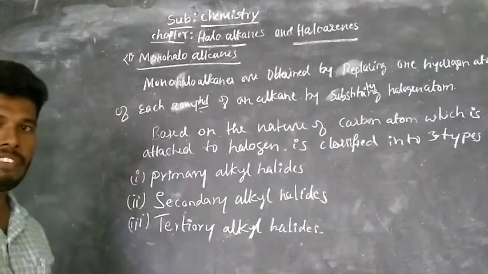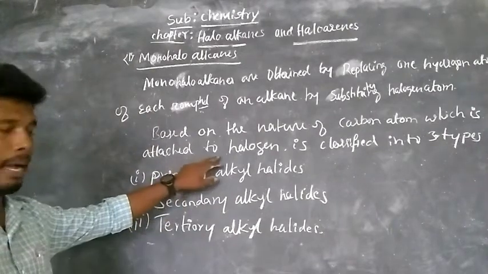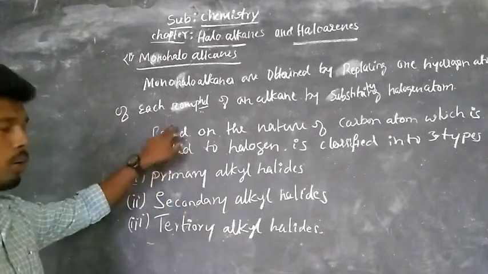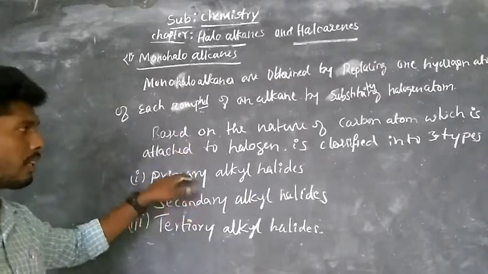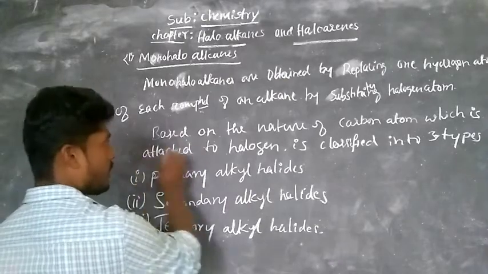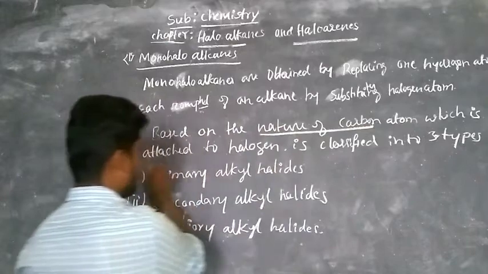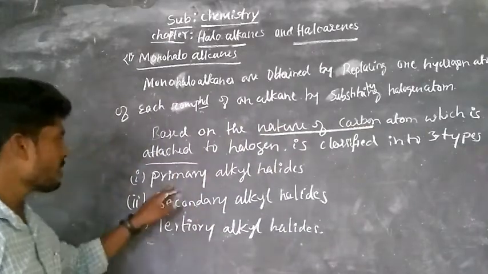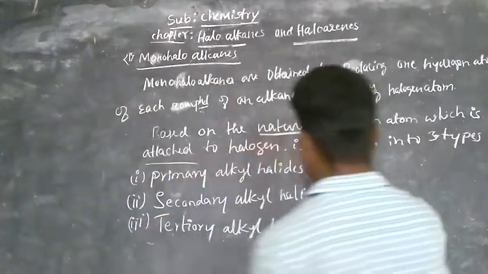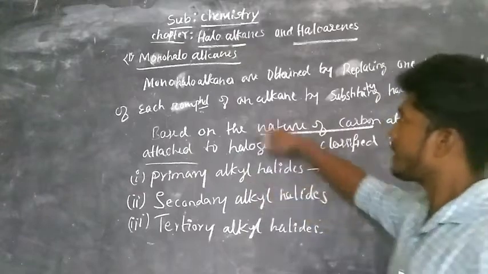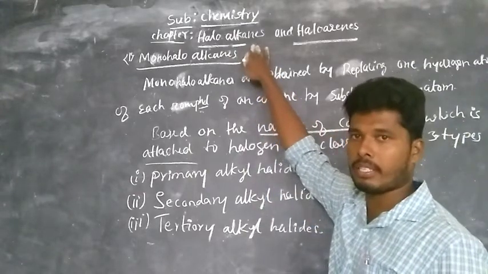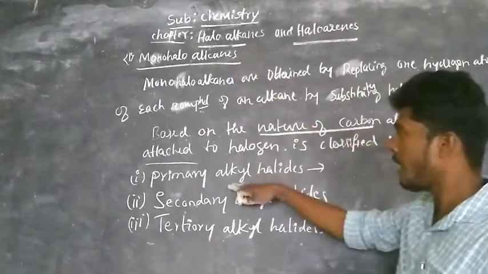This is the classification of the three types of monohalogenated alkanes based on the nature of the carbon atom which is attached to the halogen. Now take the first one, primary alkyl halides. Alkyl halides is nothing but haloalkanes. Haloalkanes are also called alkyl halides.